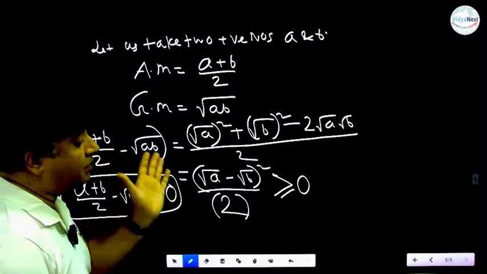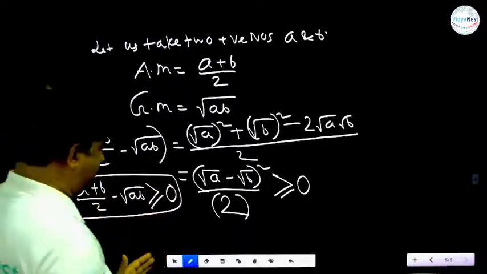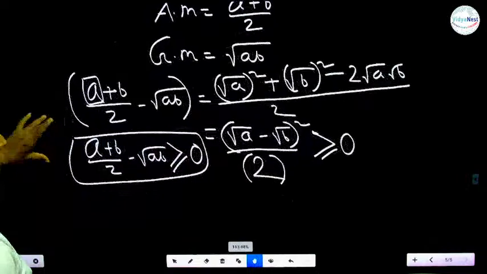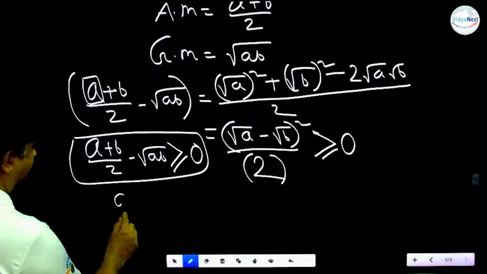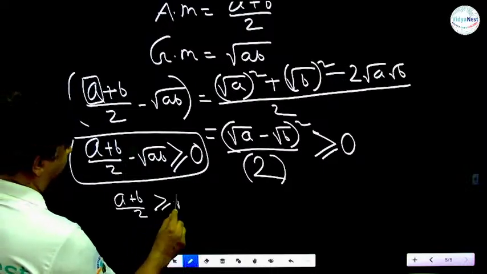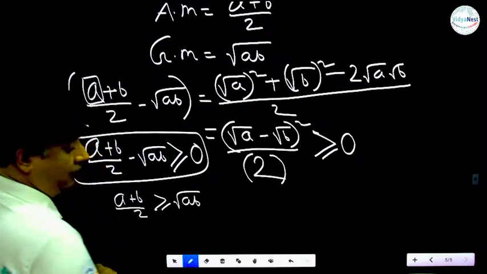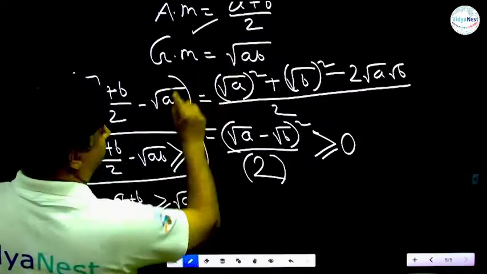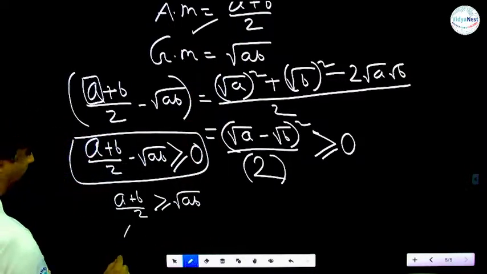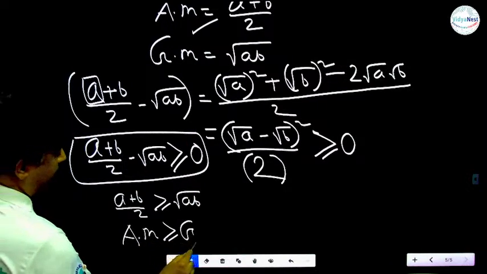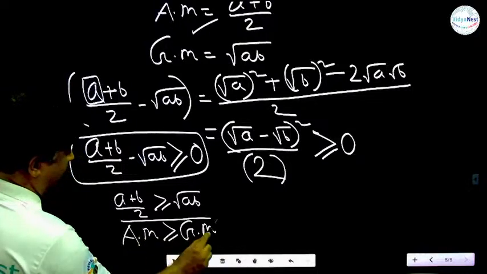And what conclusion does it give us? See, I can write A plus B by 2 greater than or equal to root AB. Now, what is A plus B by 2? Arithmetic mean. I told you there will be a relation between arithmetic mean and geometric mean.